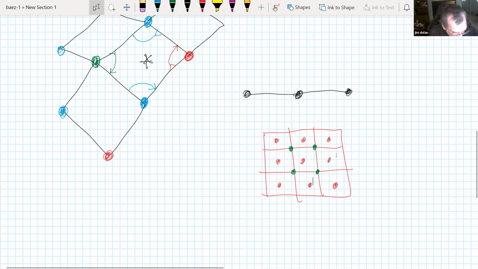And there's the dual Voronoi cells, and I'm drawing the walls of the dual Voronoi cells in green. It's like this and like this and like this.